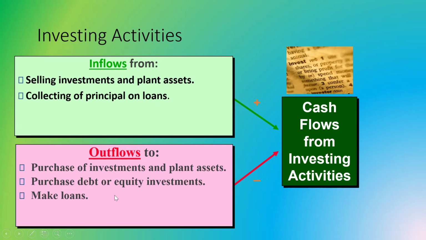These are part of investing activities, in which a company is using its cash to grow or change its asset base, whether by acquiring new assets, making loans, or selling off existing assets.